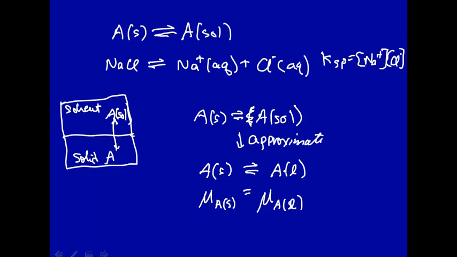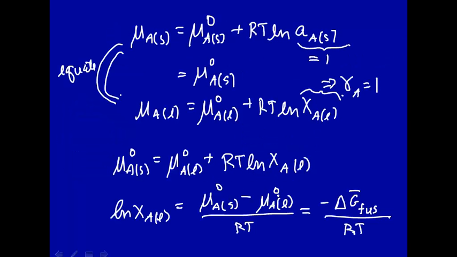So that's delta G of fusion. It would be the chemical potential of the products minus the reactant, liquid minus solid. But here it's solid minus liquid, so that corresponds to the minus sign there. And then the difference in chemical potential is just delta G of fusion over R.